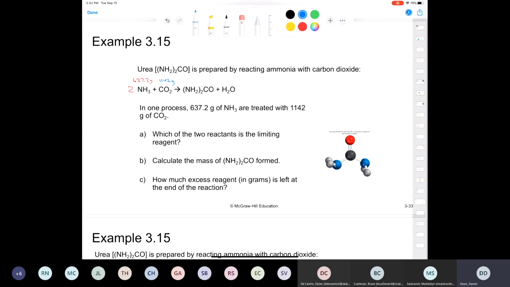And they're asking you, which of the two is the limiting reactant, and how much urea can you form, and how much of the excess reagent is going to be left over at the end of the reaction.